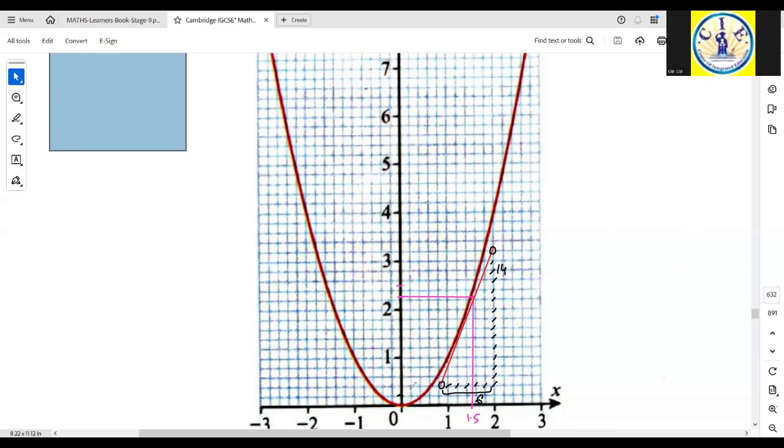This is the second box, that is 0.4, and then this one was on the second small box after this 3, so that is 3.2.